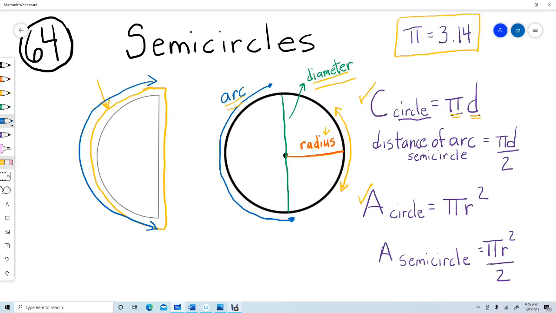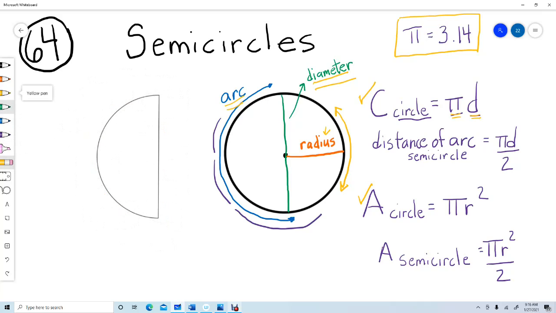So, definition: any portion of a circumference of a circle is called an arc. And so that outer edge, this is getting sloppy, I'm going to erase this again. Any portion of the outer edge of a circle is called an arc, and so we refer to this part of a semicircle, excluding the straight part, as an arc. Okay, it wouldn't be a true perimeter. That would not be going all the way around the shape, so that's an arc.